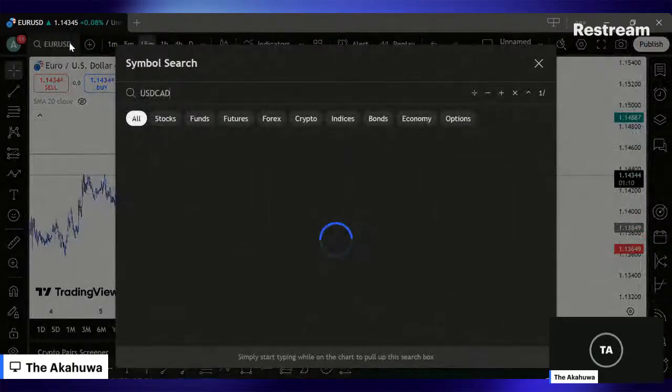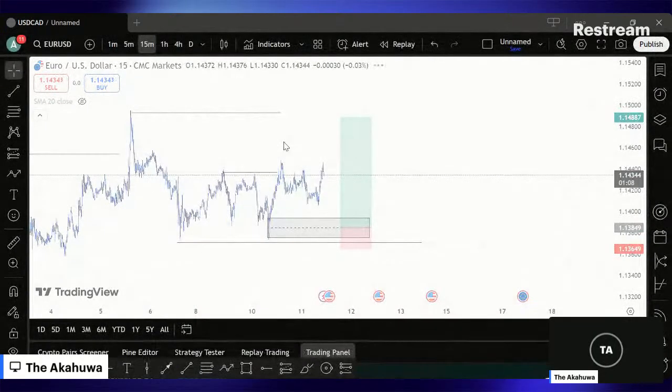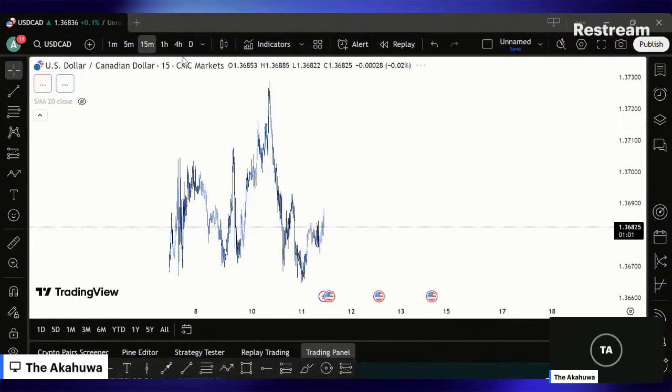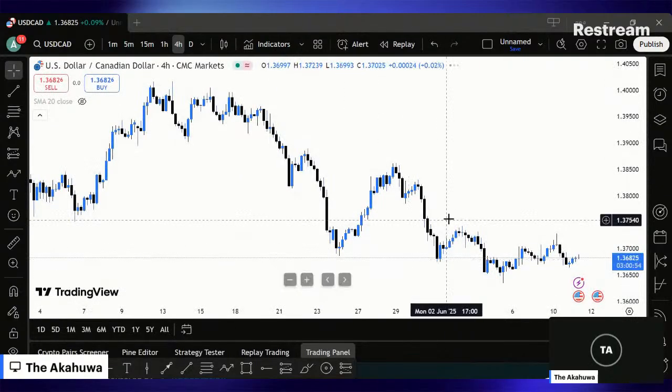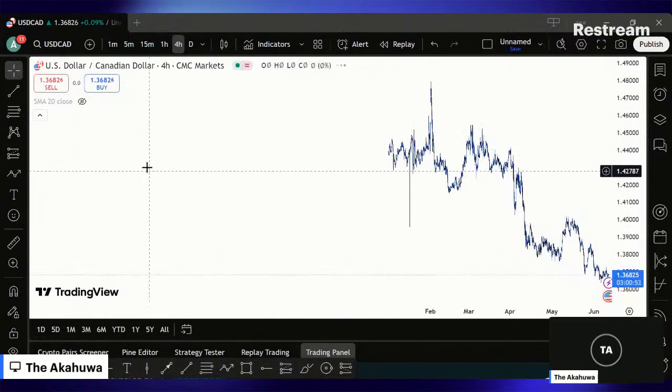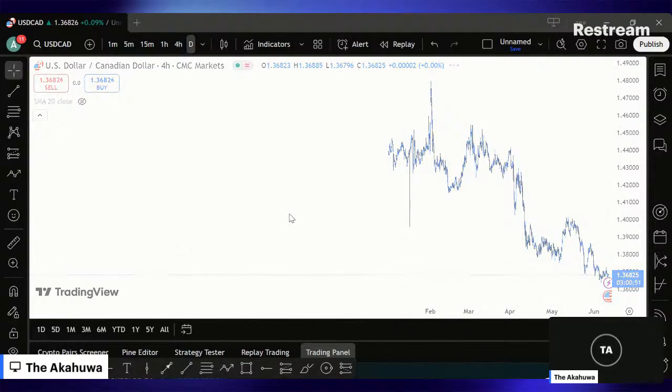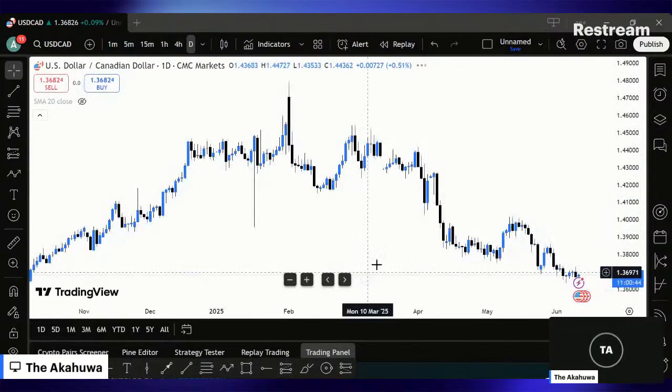Here's the card. So top down analysis. Let's begin there.